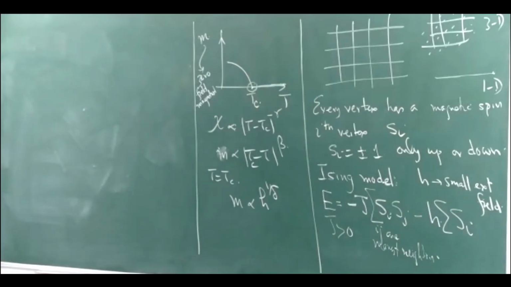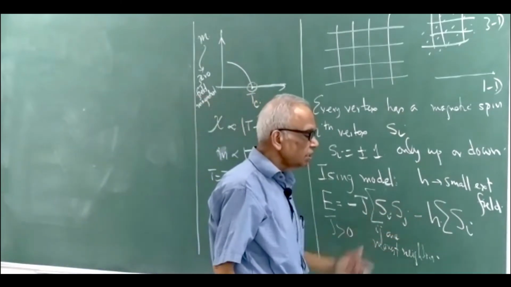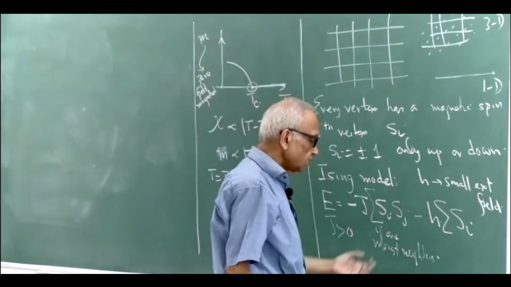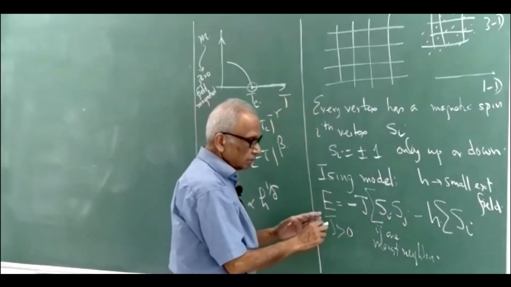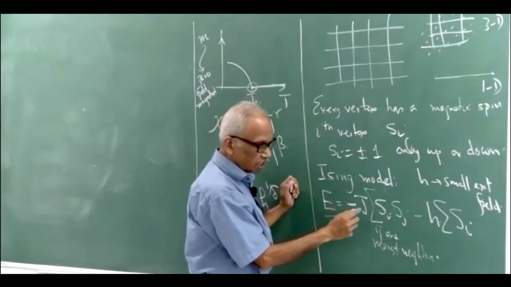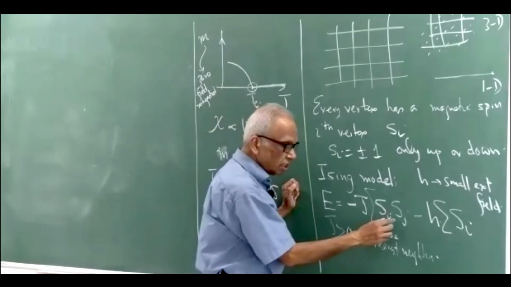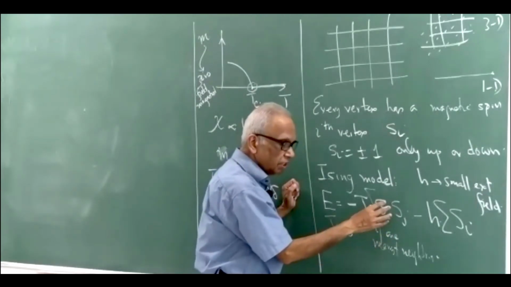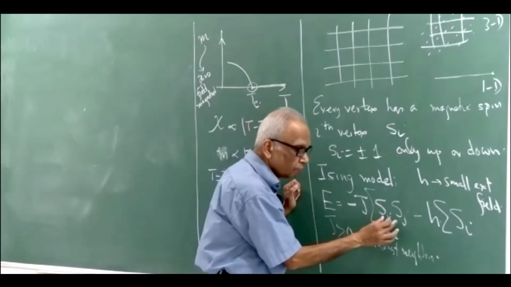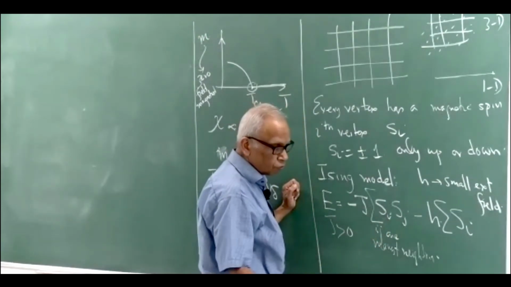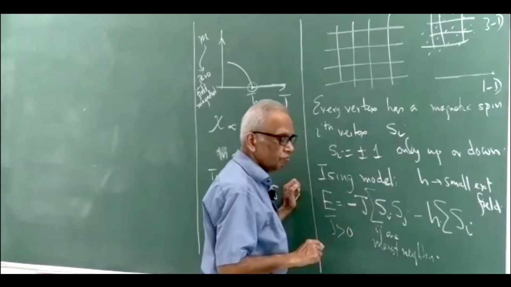The first thing you want to do is, had it been a linear model, then it would be easy. What makes the model difficult is this term S_i S_j. It is the coupling, the interaction between the spins, which I have modeled very crudely, but modeled by this term over here.